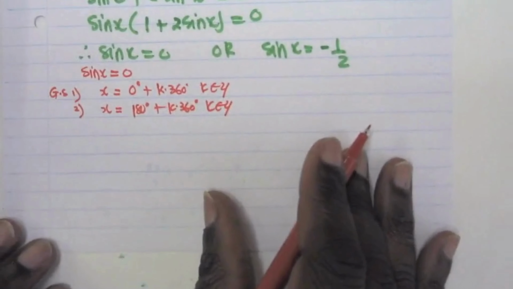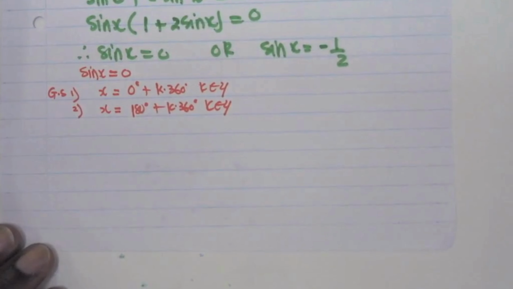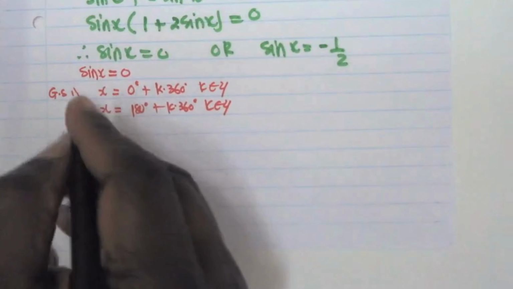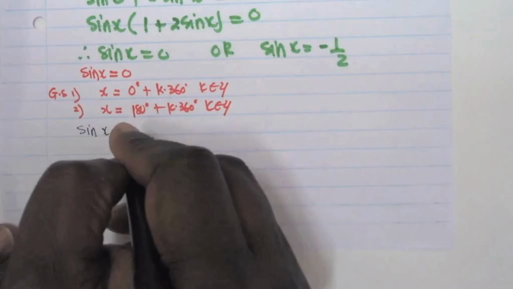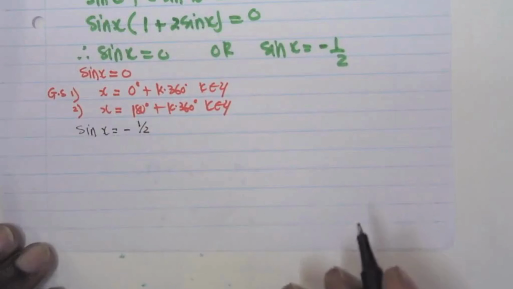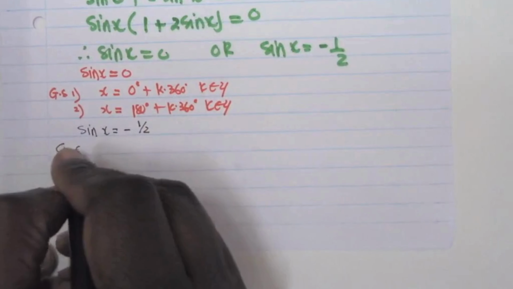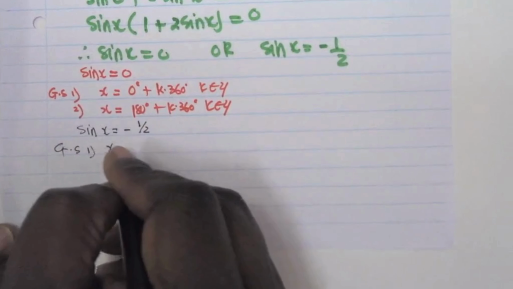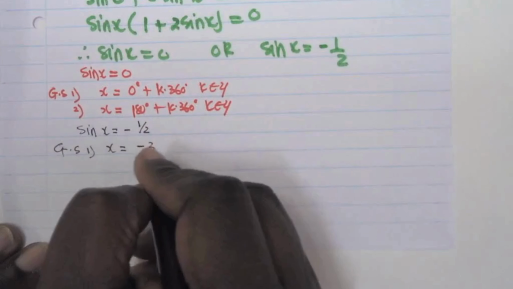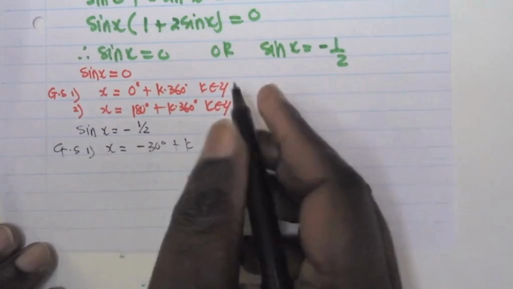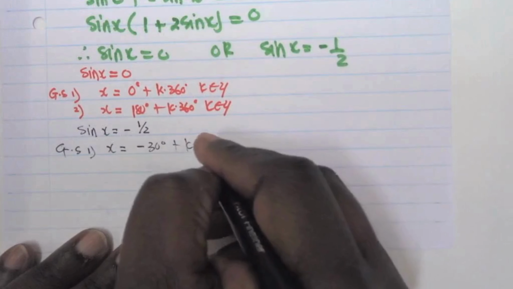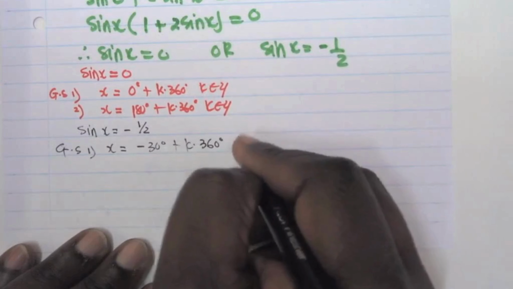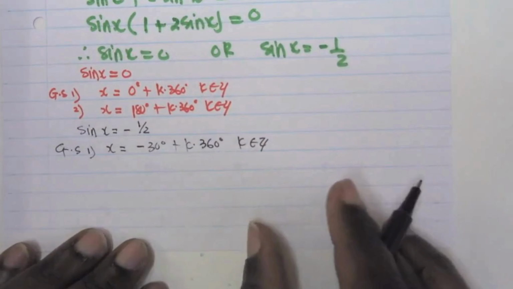If I move on to the second part here, which says sine x is equal to negative 1 over 2. I'm going to see that my first general solution is going to be x is equal to negative 30 plus k of 360 degrees, where k is an element of integers.